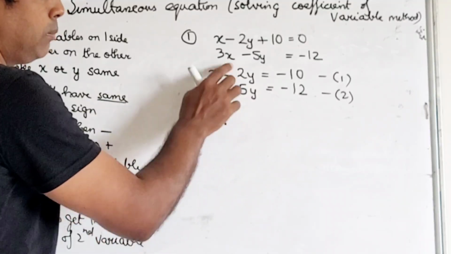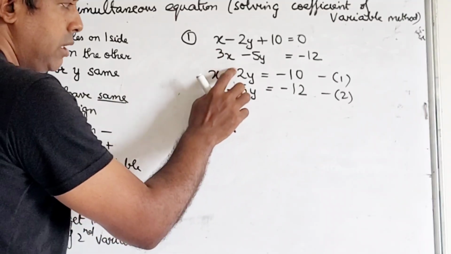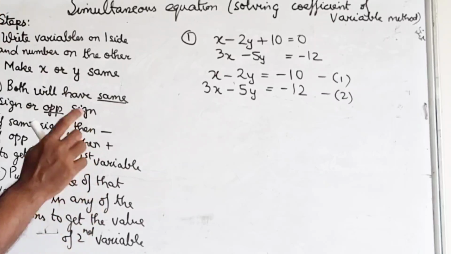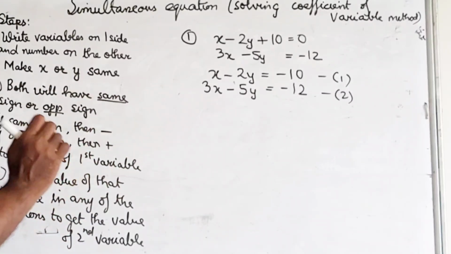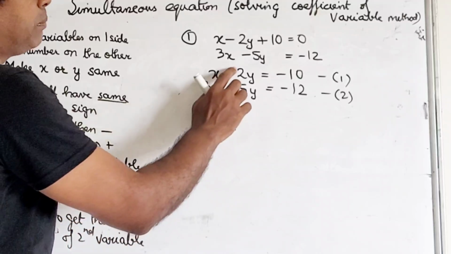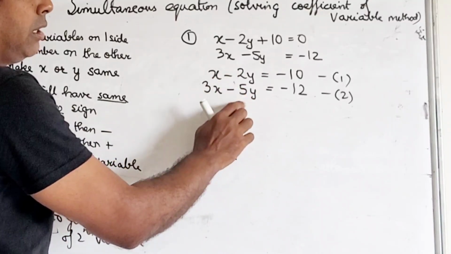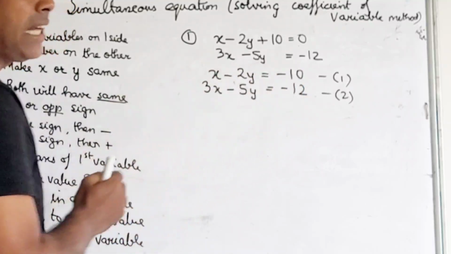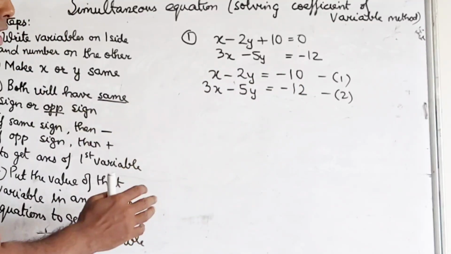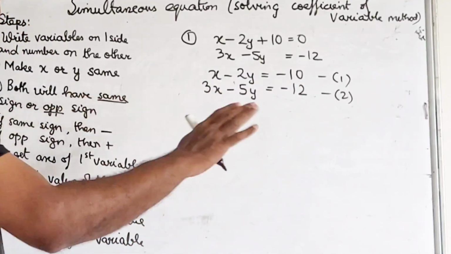Whatever number is here, multiply here, and whatever number is here, multiply here. Students often multiply just the left hand side and forget the right hand side. So be very careful, whatever you do, do to both sides.